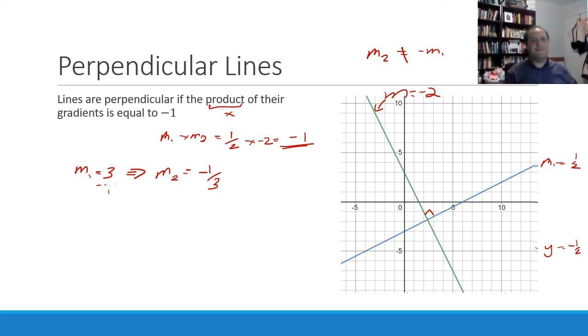We would have gotten the same thing if we said our second gradient times 3 equals -1. Divide both sides by 3, m2 equals -1/3. We'd get the same solution whether we rearrange our formula m1 times m2 equals -1, or if we know it's the negative reciprocal, flip over the fraction and make it negative.